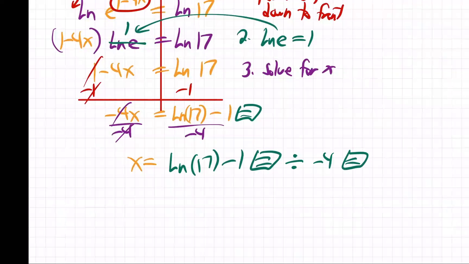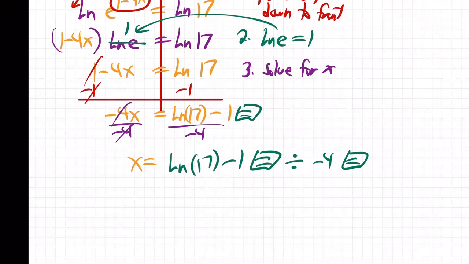Do you see what I just did there? So you got to make sure you hit equals when you're done with the top. If you didn't do that equals, you just go ln 17 minus 1 divided by -4, it's only going to divide the -1. It's only going to divide the very last number by the denominator if you don't hit equals.